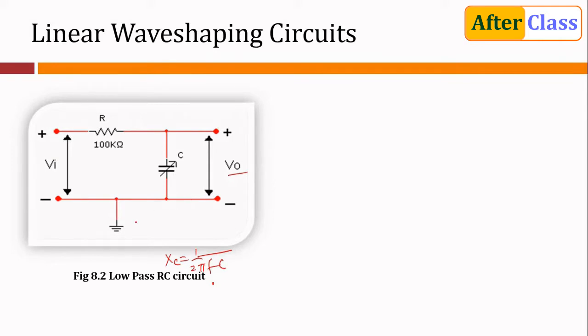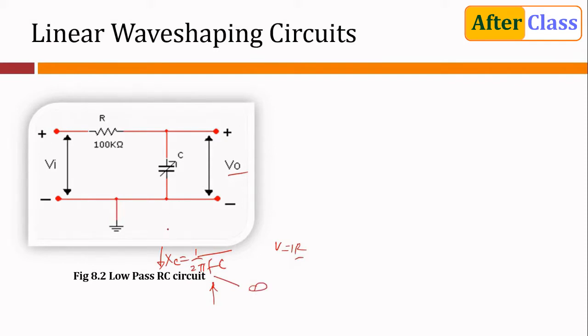However, as I keep on increasing the frequency, the capacitive reactance decreases, and so the output voltage will decrease, because the output voltage V equals I into R, so it is directly proportional to the value of resistance R. At infinite frequency, the capacitive reactance becomes 0. If I take F equals infinity, 1 by infinity is 0.